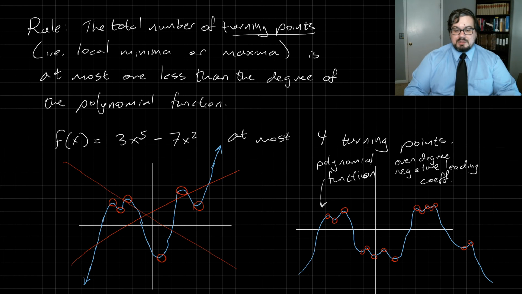So we have 1, 2, 3, 4, 5, 6, 7, 8, 9, 10, 11, 12, 13, 14, 15 turning points on this function. So that means that the degree of this function must be greater than or equal to 16, because this graph has 15 turning points, and so a polynomial function with that graph must have degree at least 16.